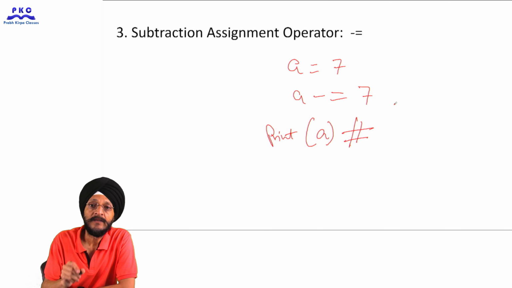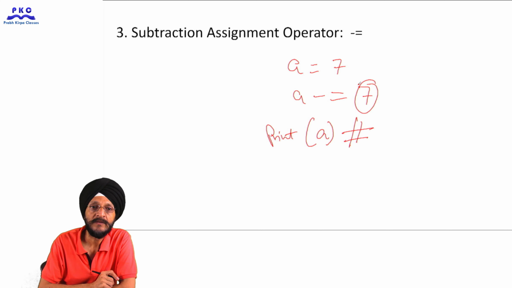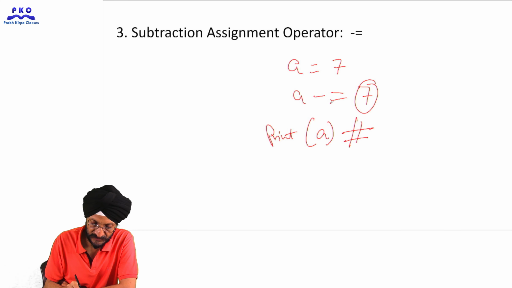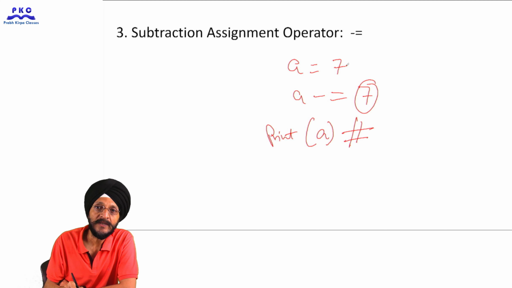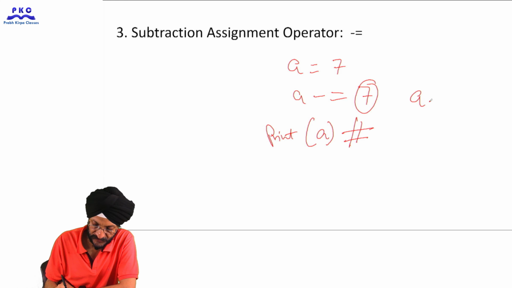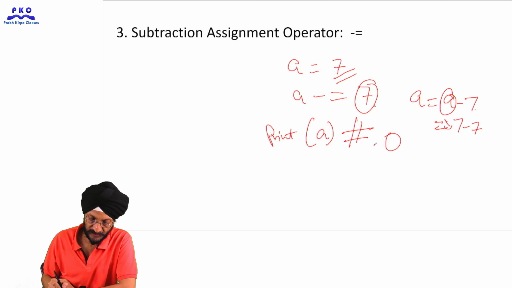Now this value which is after the subtraction assignment operator will be subtracted from the variable. It means it becomes a is equal to a minus 7. a minus 7 is 7 minus 7, where the value of a is 7. 7 minus 7, output is 0.